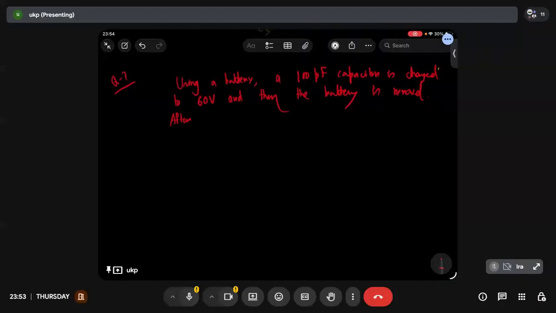After that, a second uncharged capacitor is connected.